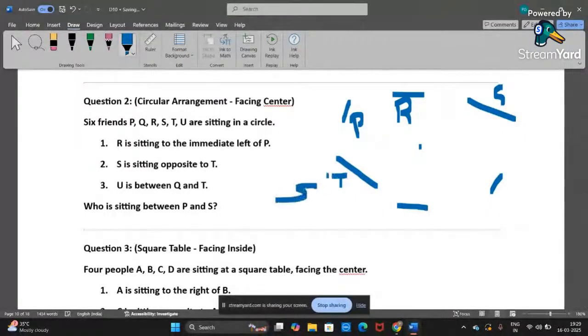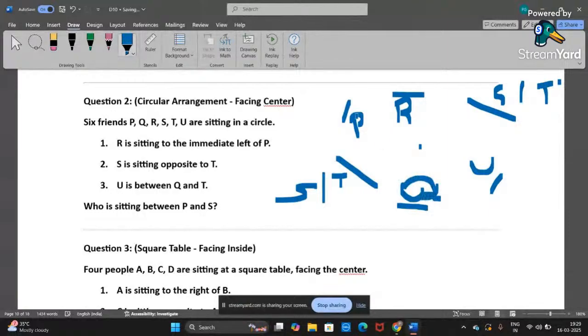Let me write both the alphabets. U is between Q and T. Sorry, U is between T and Q.